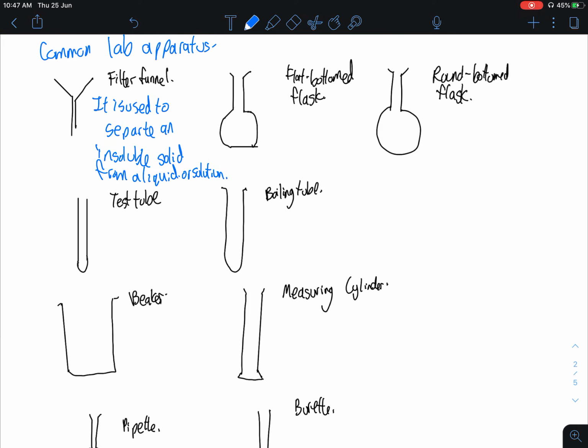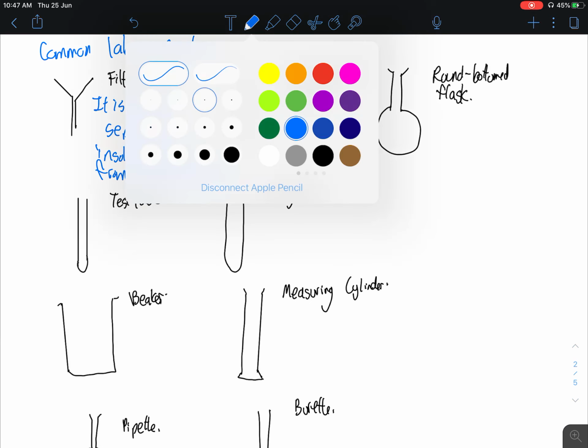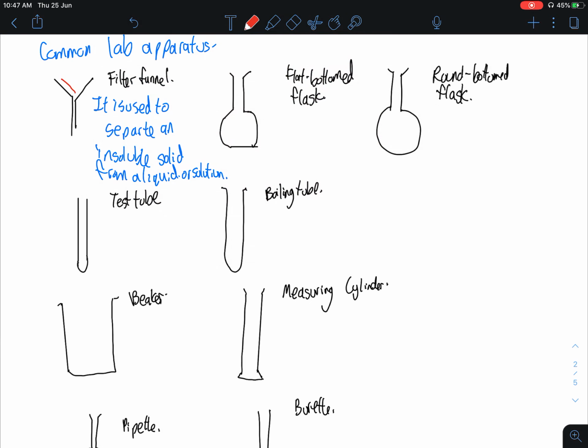So when using the filter funnel, there's another instrument you will add in, which we'll discuss more in another chapter: the filter paper. When you add in the solution, only the solid particles will remain at the top of the filter paper, and we call this the residue.